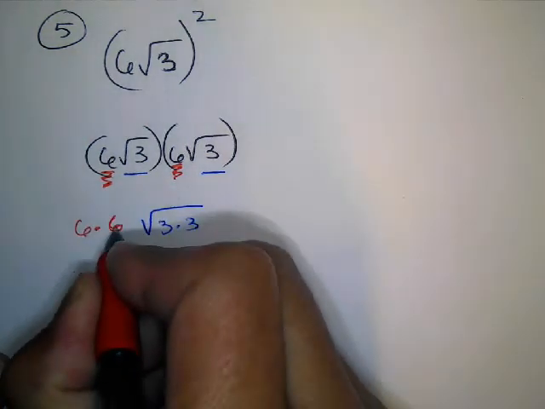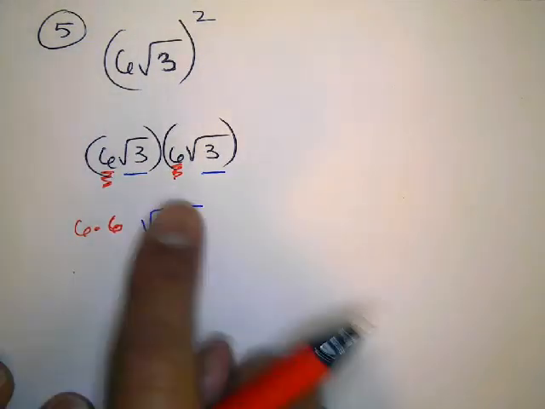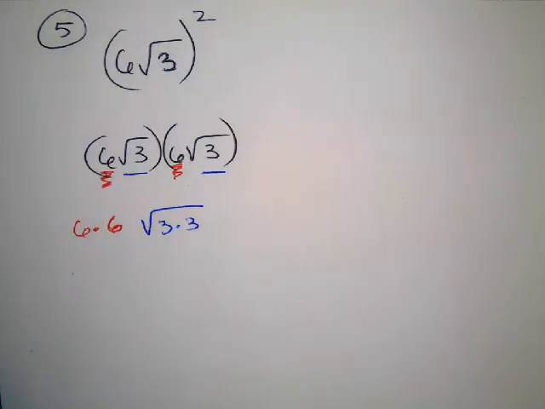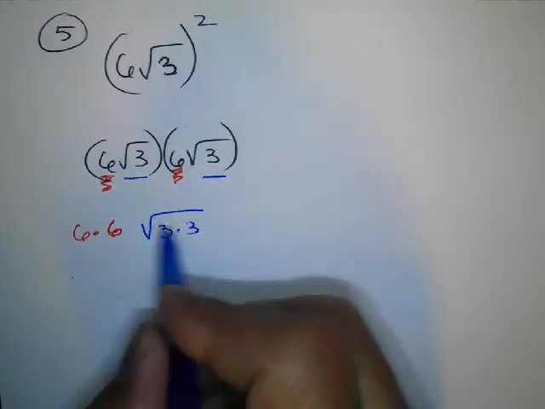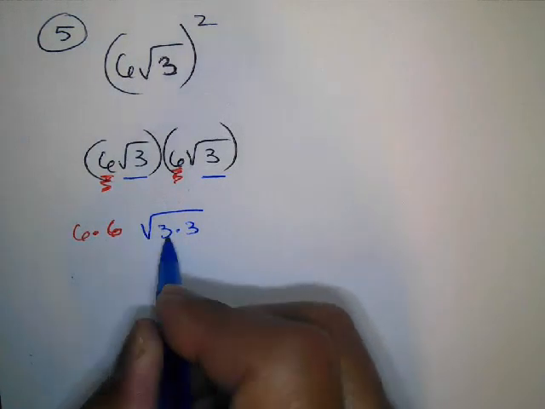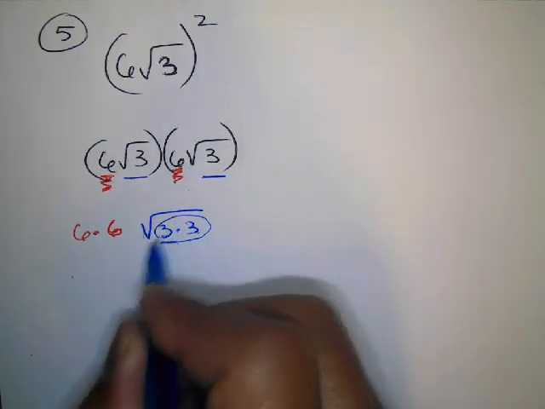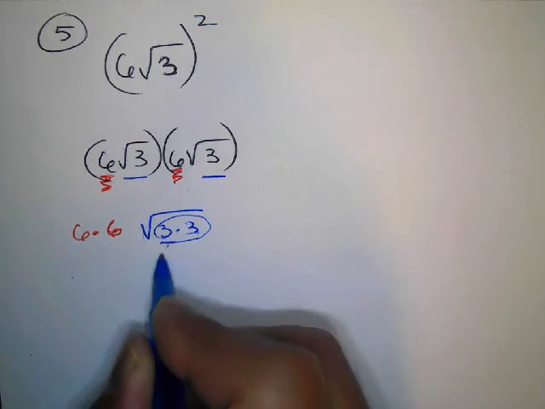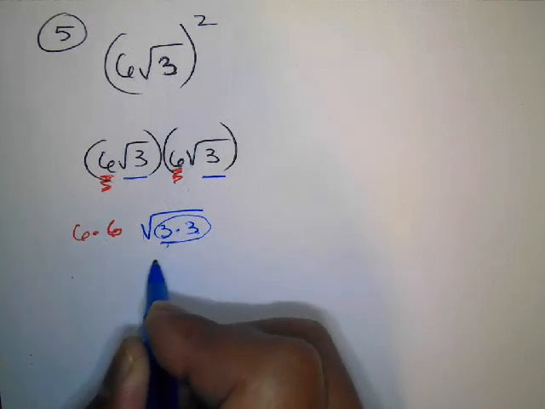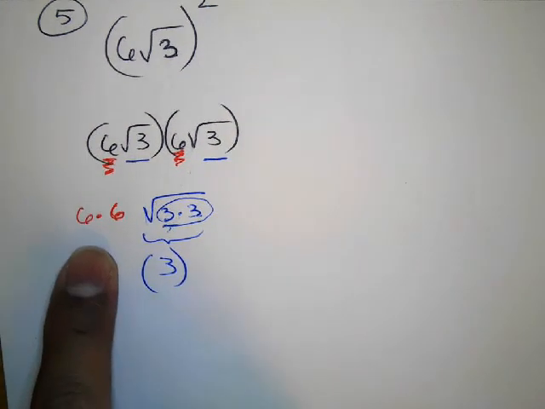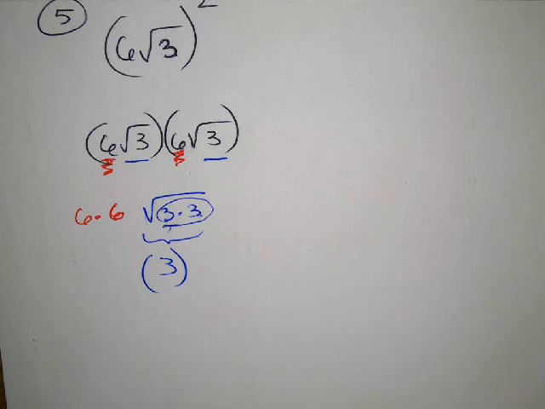And for the numbers on the outside, how many 6s are there? Not just one. There's 2 of them, 6 times 6. The outside number gets multiplied twice. The inside number gets multiplied twice. Anyways, what's the answer for this? I already have the same number twice under the square root. If you have 2 of the same numbers under the square root, it just comes out as the whole number. So the answer for this part is 3. And 6 times 6 is not 12.